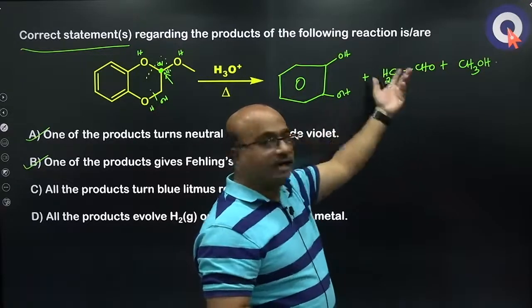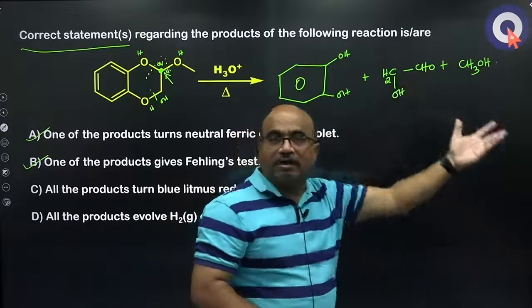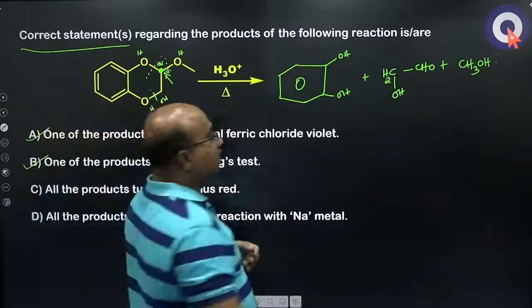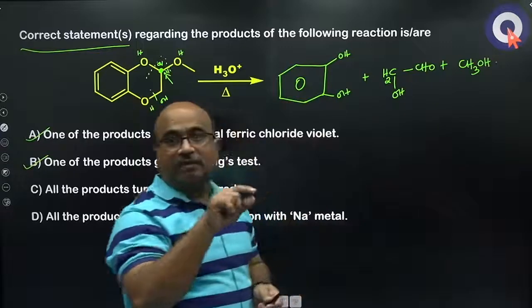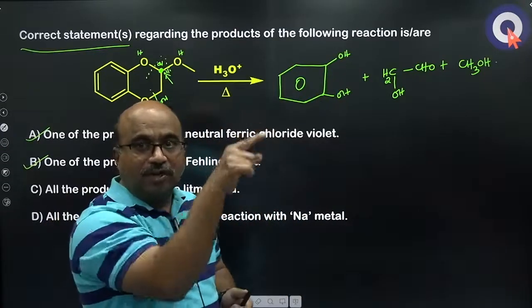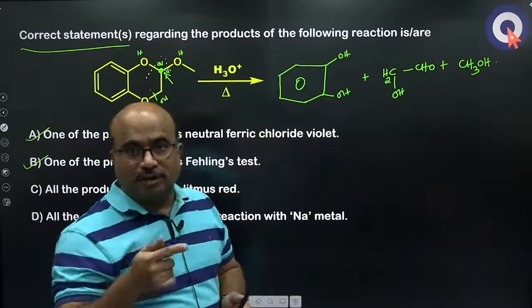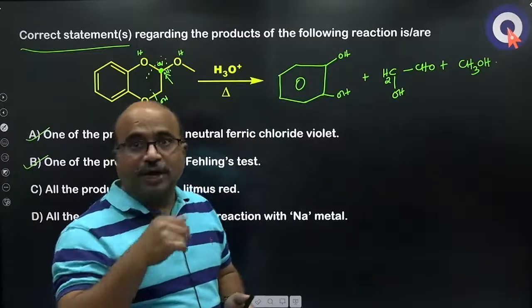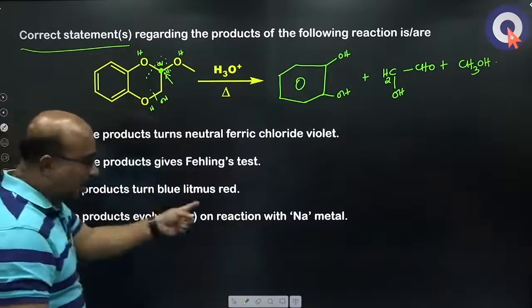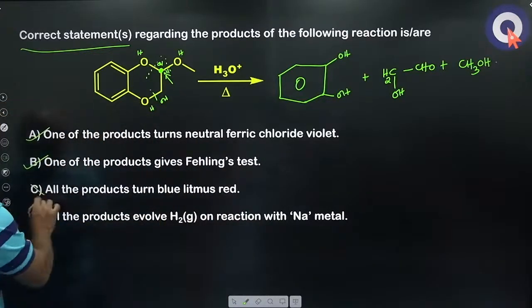So this is an alpha hydroxy aldehyde, which is not more acidic than water. Methanol is the only exception among alcohols that is more acidic than water, so that can turn litmus red. But all products cannot convert, so this is the wrong option.